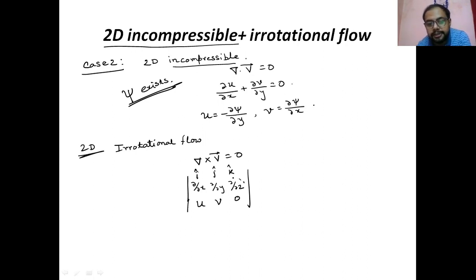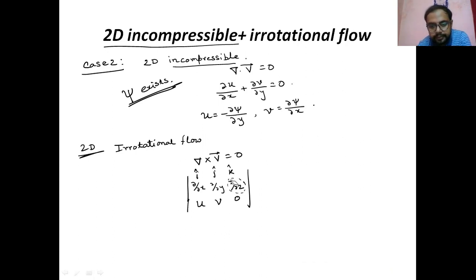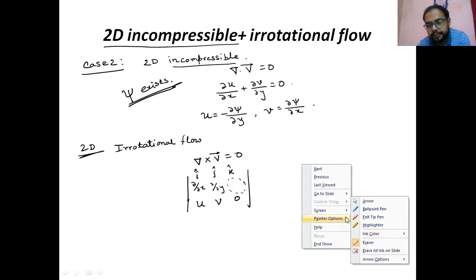So this part also would be 0, because there is no existence of z.